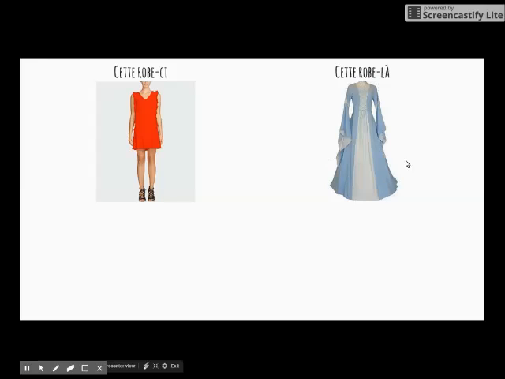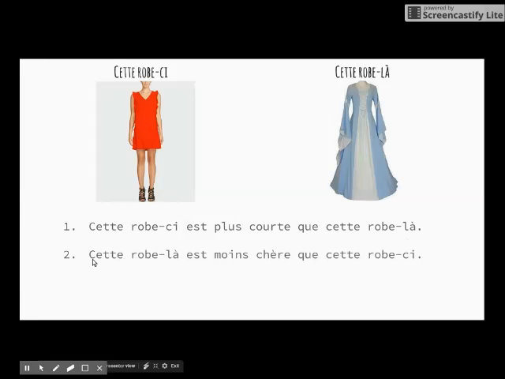Cette robe-ci et cette robe-là. Yeah? So an example sentence could be cette robe-ci est plus courte que cette robe-là. Right? So cette robe, we know it's feminine because of our demonstrative adjective cette. Cette robe-ci est plus courte, making sure that this adjective is feminine. Que, don't forget your connecting word, que cette robe-là. Ou cette robe-là est moins chère que cette robe-ci.